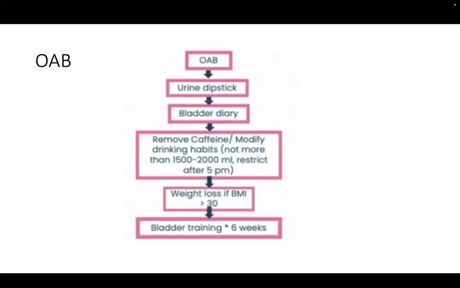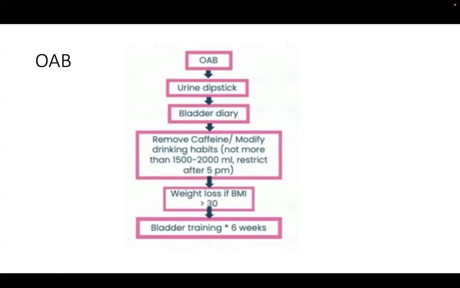cystoplasty and urinary diversion. So what we have said till now: whenever a patient comes with OAB, first we will do a urine dipstick to rule out urinary tract infection, because patients with UTI may sometimes present with symptoms of urinary incontinence like leakage. And we will offer her a bladder diary.